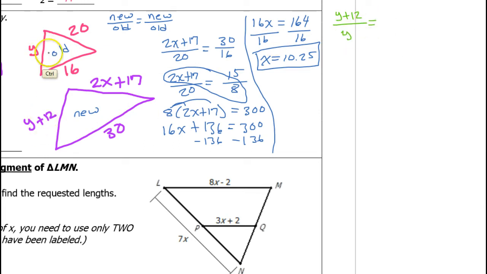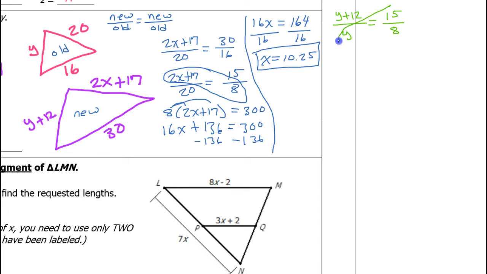Got to do new over old. Again I will use the 30 and the 16. 30 over 16 I already know will reduce down to 15 over 8, so I'm just going to skip straight to that. And then it is time to cross multiply.